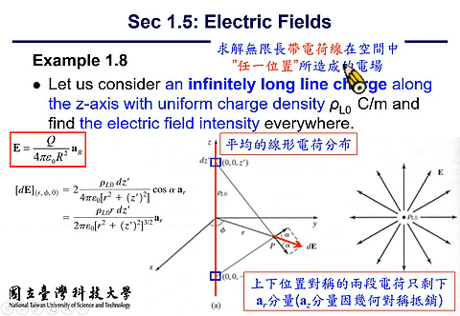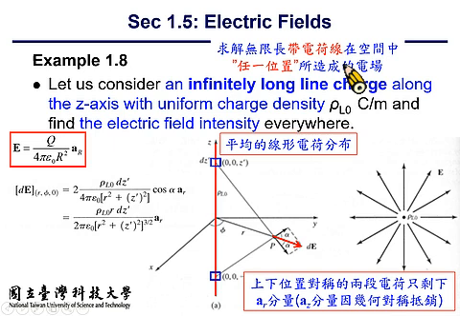So be careful, this is not current, because currents build up magnetic field, while charge builds up electrical field. So here we are talking about electrical charge distributed on a line.